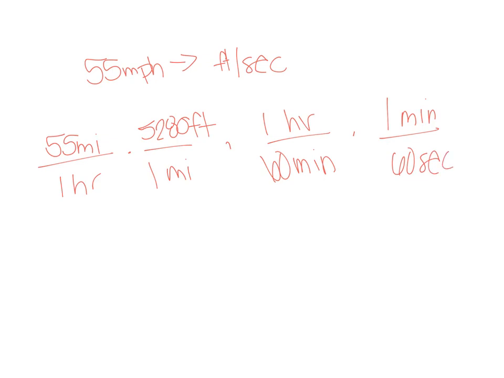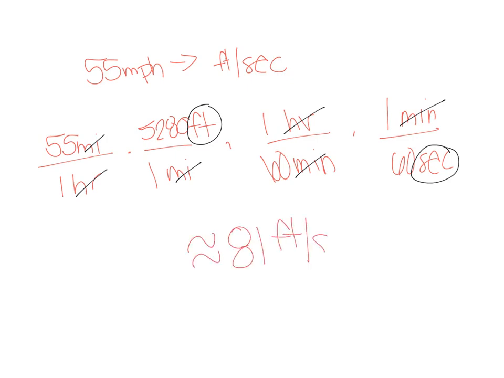Notice I am doing the same problem, but instead of going straight to that 3,600, I'm splitting it up and doing the steps. That is our normal time units. Canceling are our miles, our hours cancel, and our minutes. So we are still left with just feet per second. Now you finish the same way, multiplying across the numerator and across the denominator, and finishing with division, and you're still going to end up at approximately 81 feet per second.